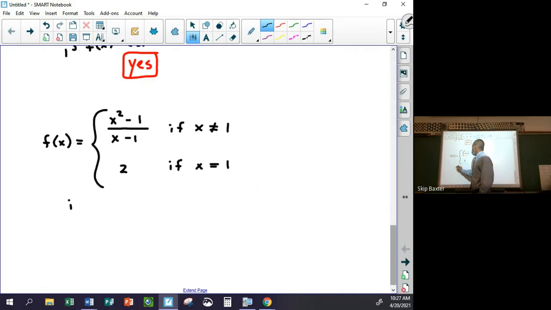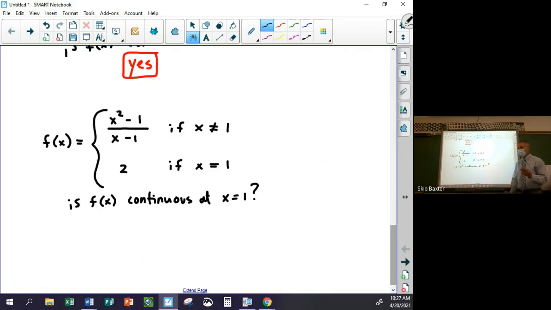So same question, is f of x continuous at x equals 1? Well, we still need to ask the same three questions. Is it defined at 1? Yes, it's 2. So that part is checked off. Really, all we need to check now is, is the limit as x goes to 1 equal to 2? If yes, then the answer to this question is yes.